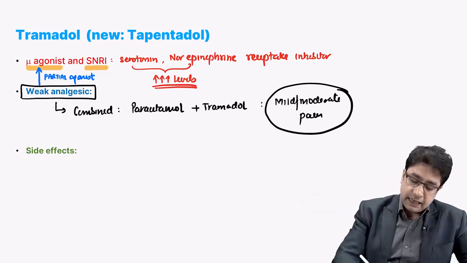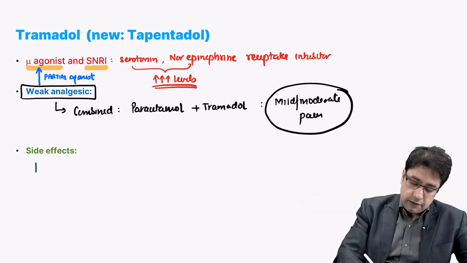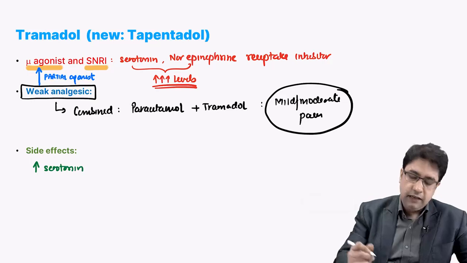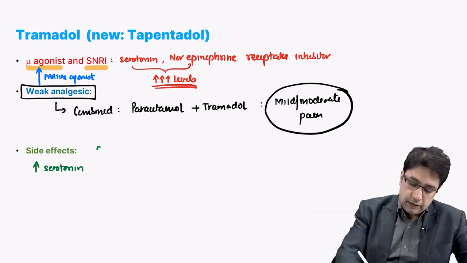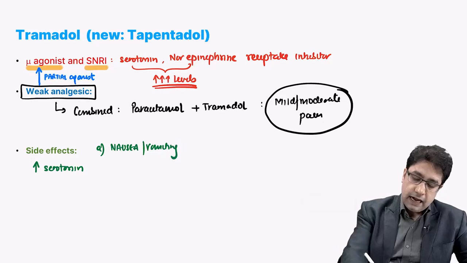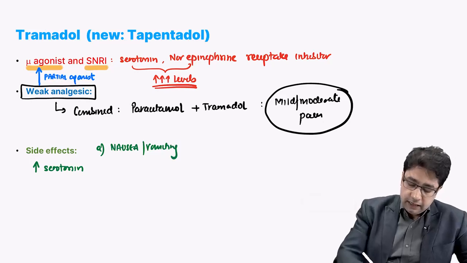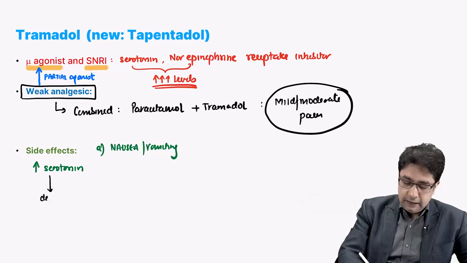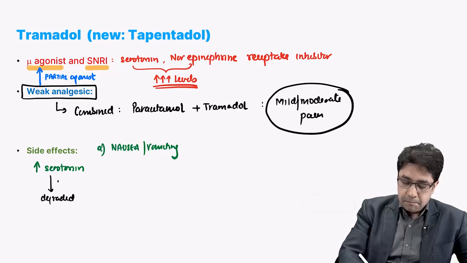Now what is the main side effect of tramadol? We know that tramadol increases serotonin level and serotonin causes nausea and vomiting. And remember, serotonin in our body is degraded by the MAO enzyme.